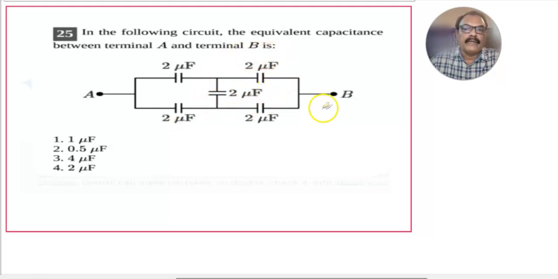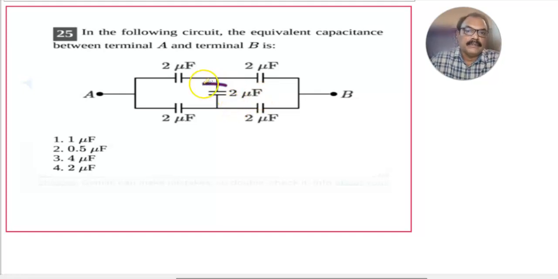So what is happening here? Due to this charge accumulation, the potential across this diagonal, the 2 microfarad capacitor, becomes the same. So there will be no potential drop between the terminals of the 2 microfarad capacitor.